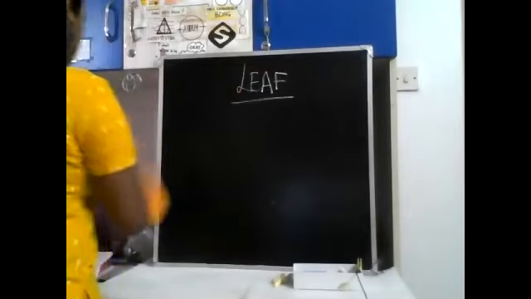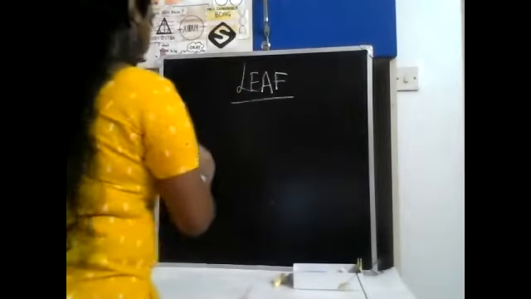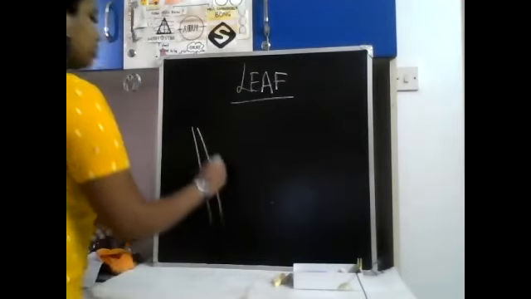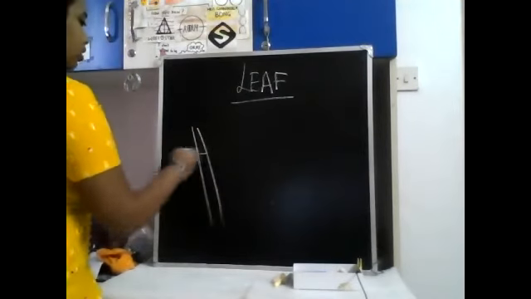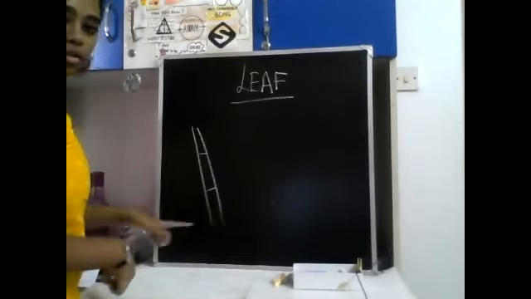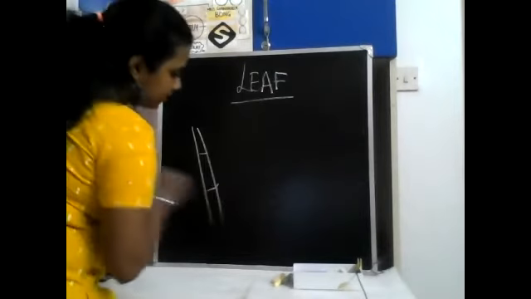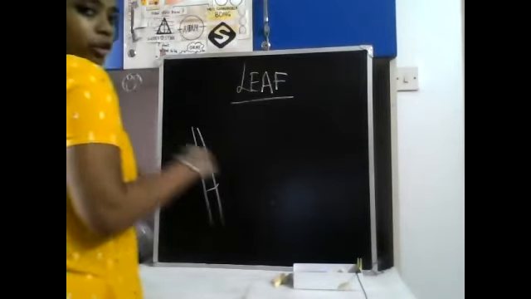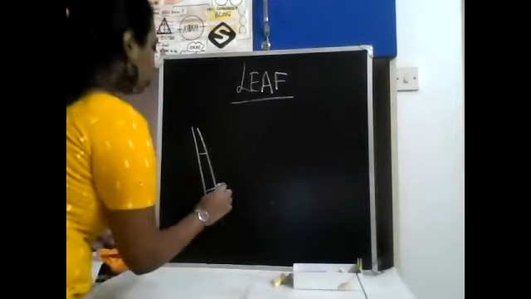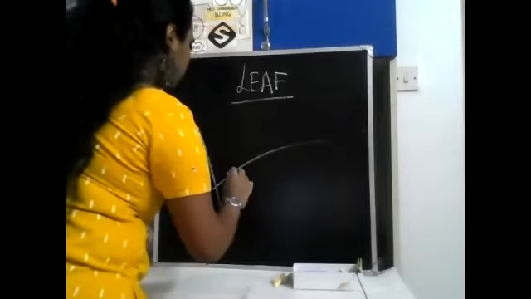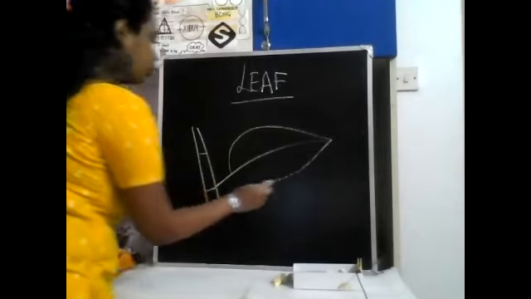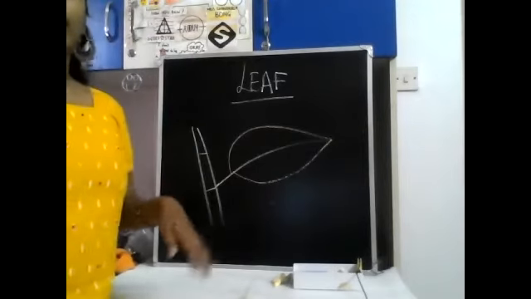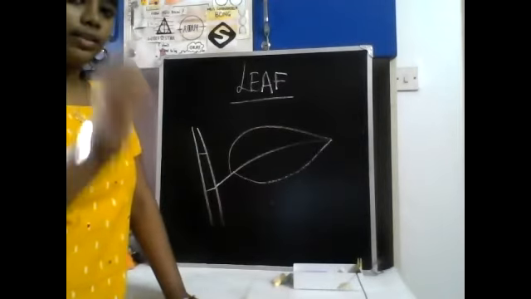Let's move on to the structure of a leaf. Imagine this is my stem. You've got nodes. There was an axillary bud over here which grew out to be a leaf. So I will draw a very simple leaf and we'll look at different parts in this leaf.